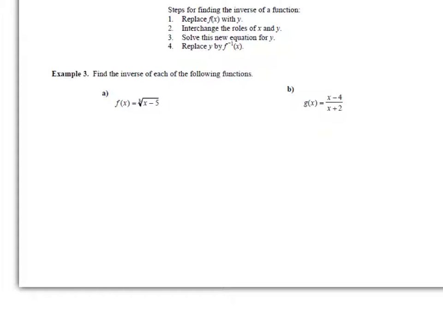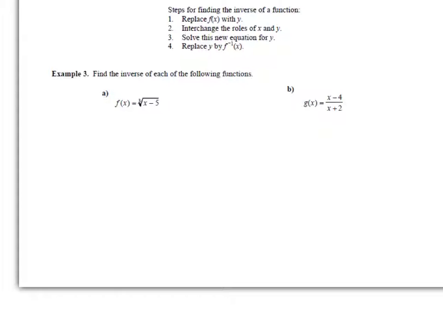With rule 1, I replace f of x with y. The second rule is to switch the x and y values, and that's what I did. Now I'm going to work on the third rule, which is to solve for y. When I cube both sides, I get x to the third equals y minus 5.